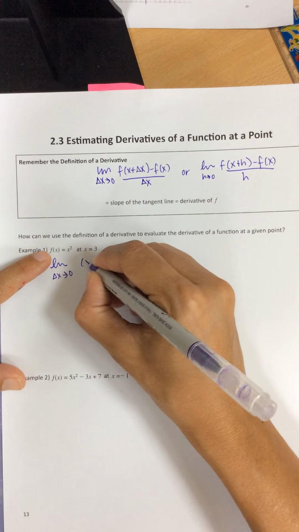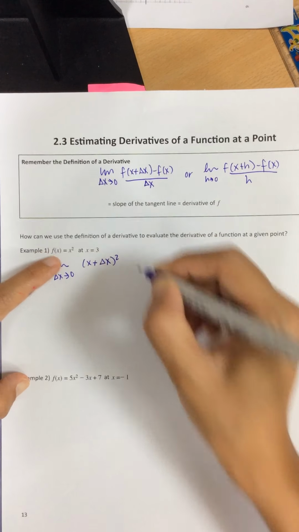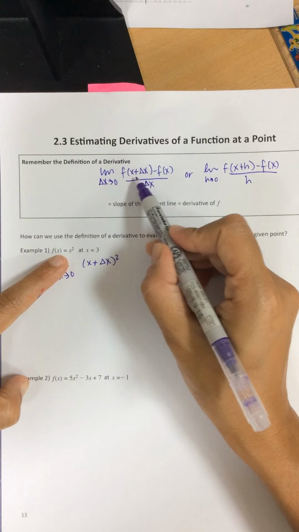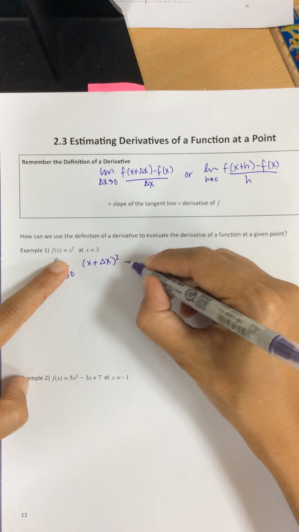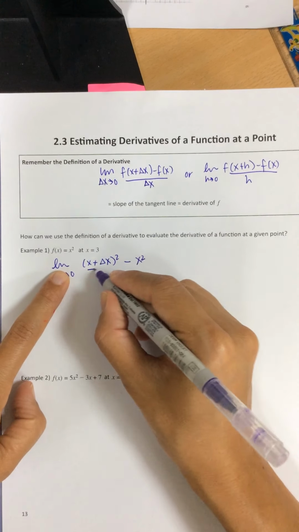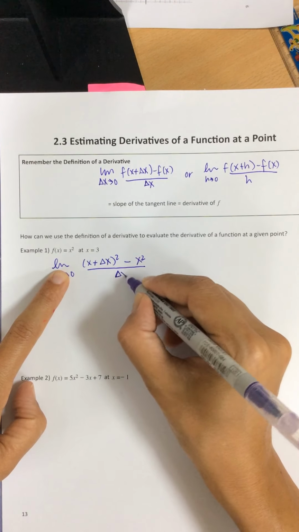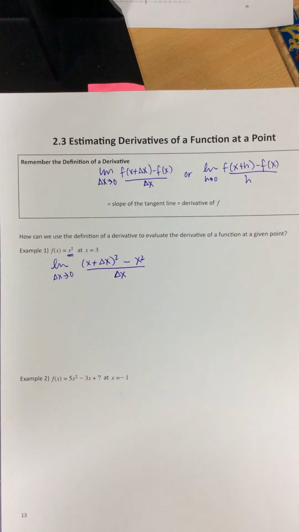So x plus delta x squared. The function is x squared, so all I did was substitute that in for x. Take away the original function, x squared, all over delta x. Okay, I've just used that and substituted in this function.